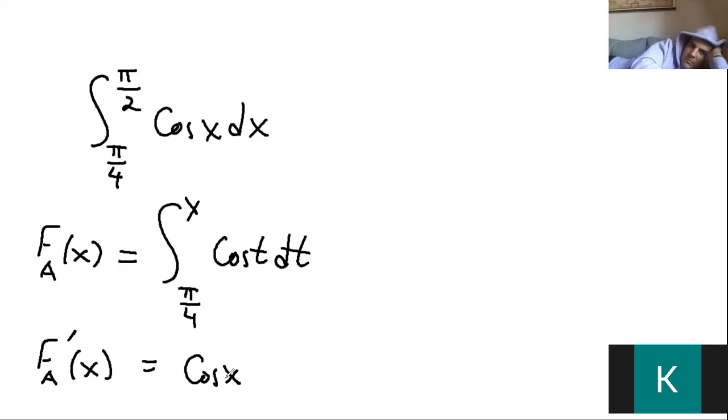All I know about this function is that this integral is simply capital F sub A. Capital F sub A of pi over 2 is what I want to evaluate, because this number should be pi over 2, not just some arbitrary x.